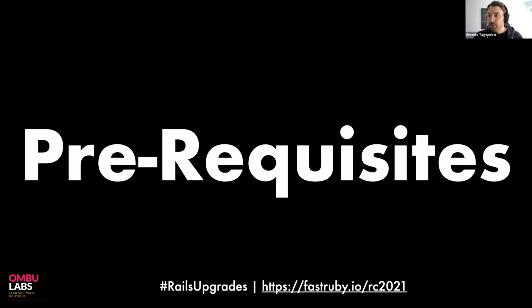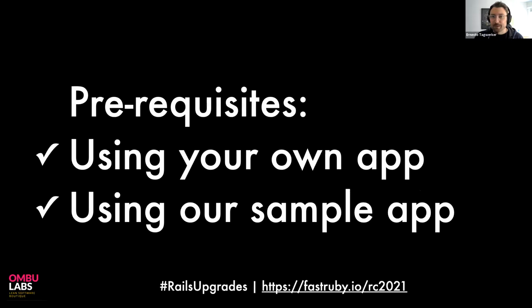So when it comes to prerequisites, it's basically kind of like a choose your own adventure. You can use your own app if it meets our minimum requirements, or you can use our sample app. Now, if you came with your app and it does not meet our minimum requirements, we can't really help you, and we encourage you to use our sample app.